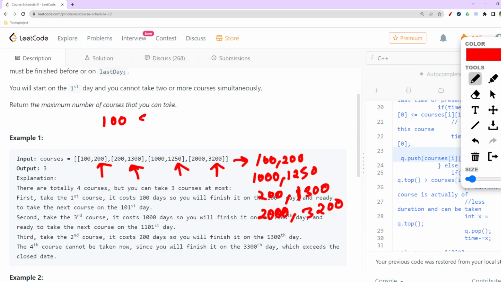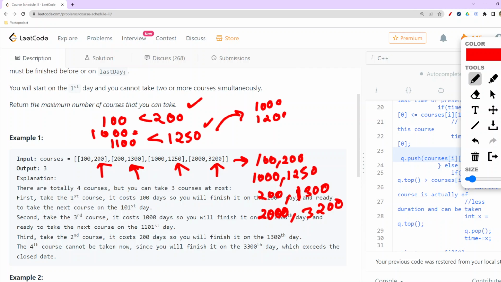First 100, which is already less than 200, so we can take this. Then 1000 we could take, which makes it 1100, which is less than 1250, so we can take this. Then if we add up 1000 plus 200, that would become 1200, which is already less than 1300, so we can take this course also.